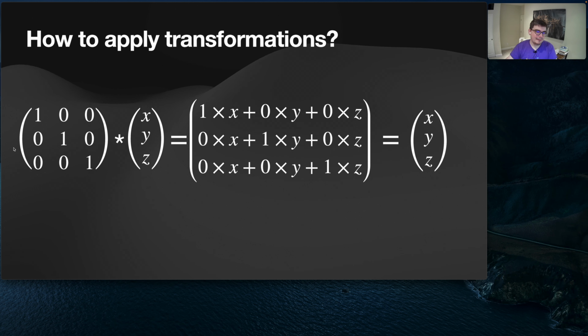So in terms of your regular math, you can think of this identity matrix as just 1, right? For example, if you multiply 5 by 1, you just get 5. So the identity matrix is the analog of that. You multiply a point by this identity matrix, you get the same point. So no transformations are applied.